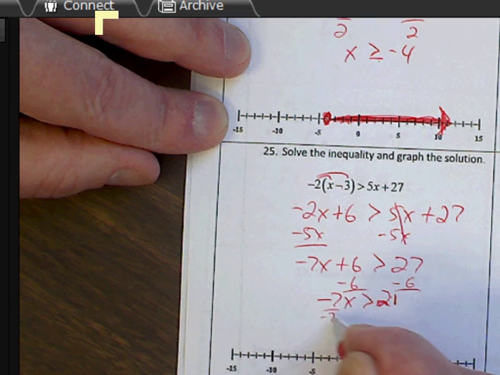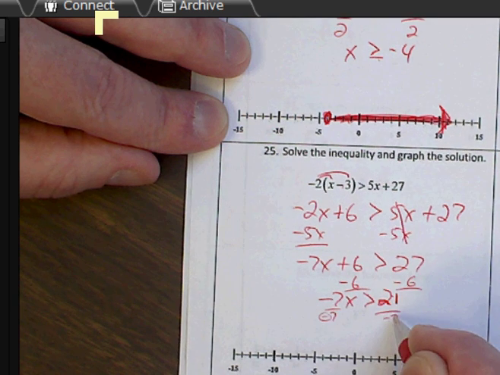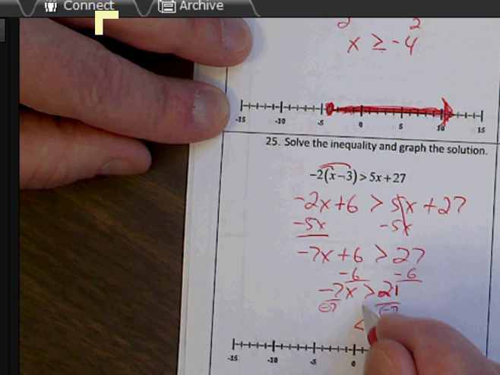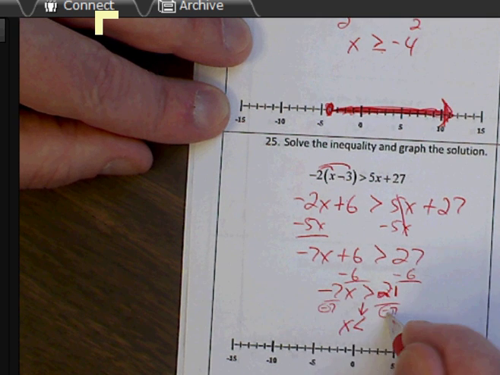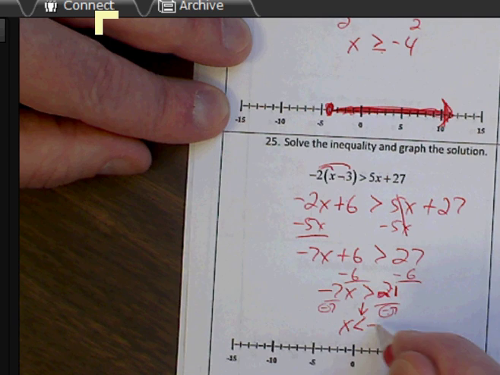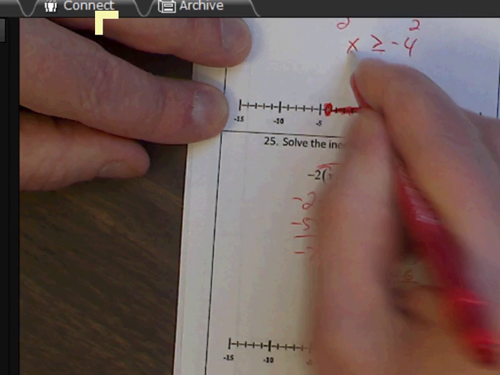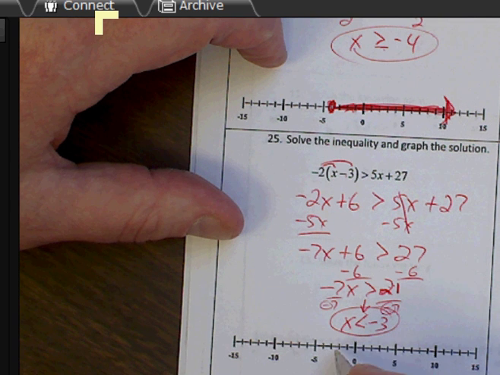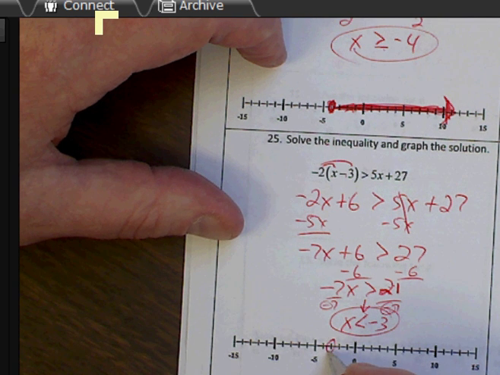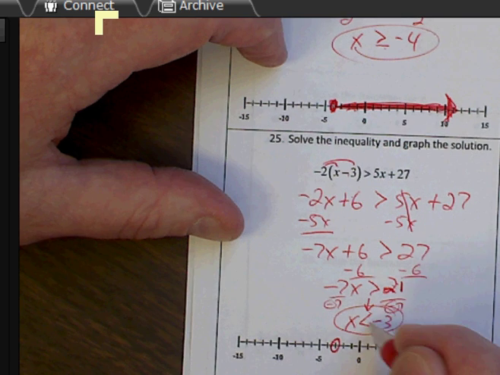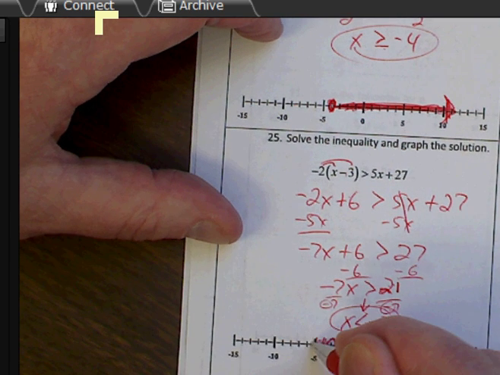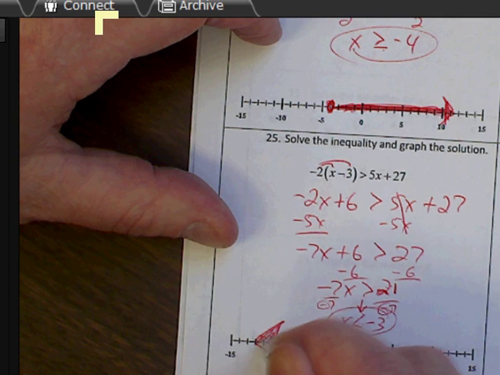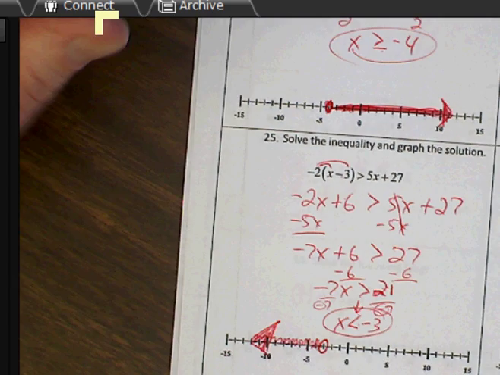I'm going to divide by a negative. Once I divide by a negative, I know I have to flip this sign. 21 divided by negative 7 is a negative 3. So I go to negative 3. Since it's a less than sign, it's an open dot, open circle. It's pointing that way to the left. x is less than this way, so I shade this way. Big arrow continues going that way.